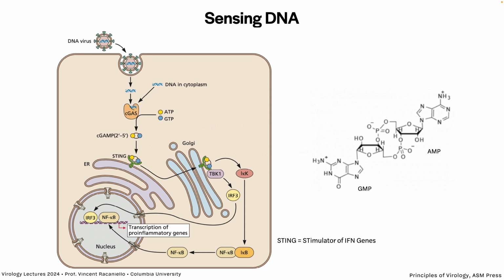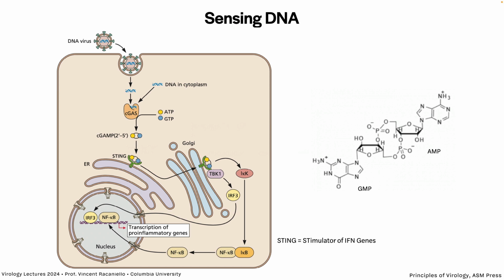DNA is also sensed, in particular, in this case, is a system for sensing DNA in the cytoplasm of the cell. So DNA should not be in the cytoplasm, and if it is, it's assumed to be a virus infection, or at least foreign, and it shouldn't be present there. And there is an enzyme in the cell called cGAS, which will recognize, here it's recognizing, double-stranded DNA.